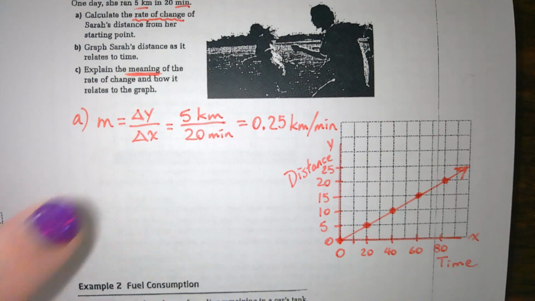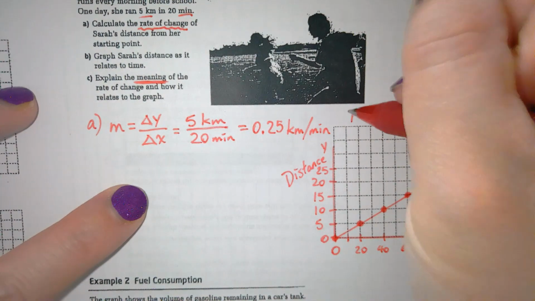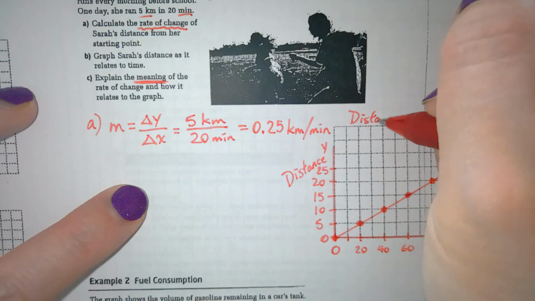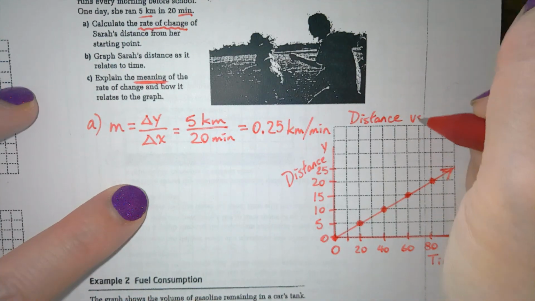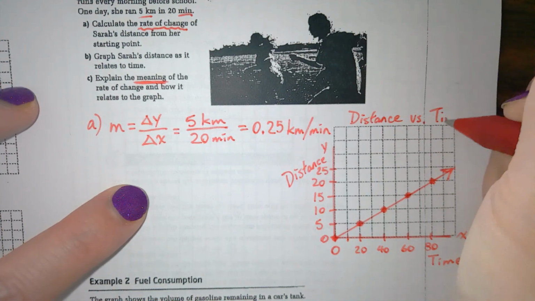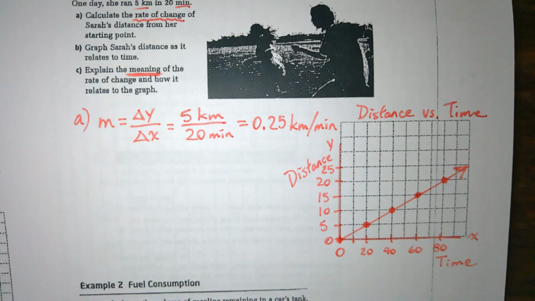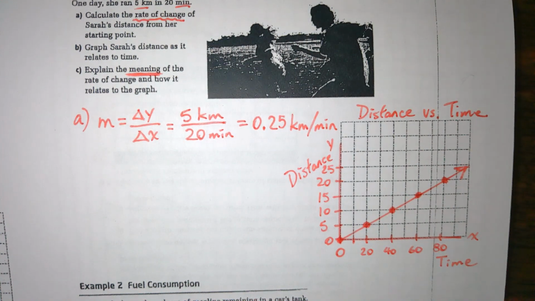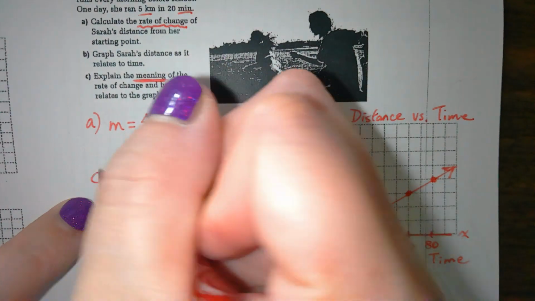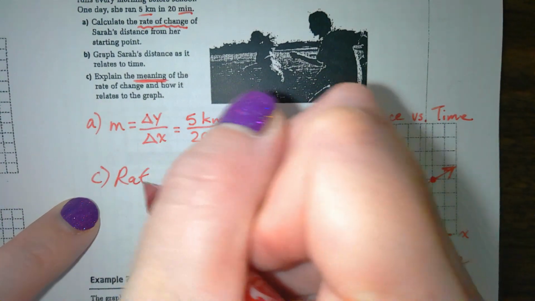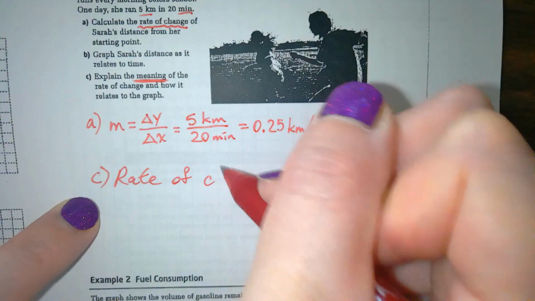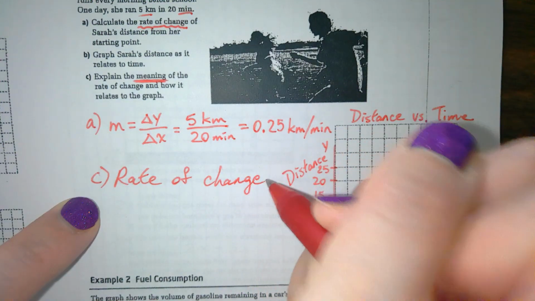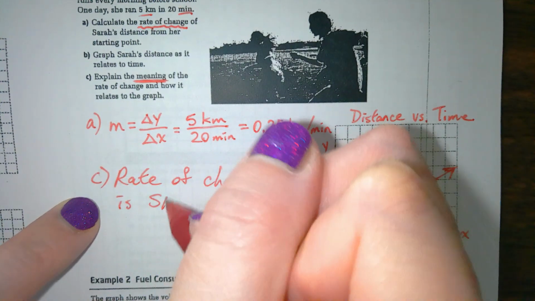Okay, yep. So as we said, this is a distance versus time graph. But when you think of distance and time, what comes to mind when you're comparing distance and time? Speed. Speed, exactly. So in this case, your rate of change is speed.